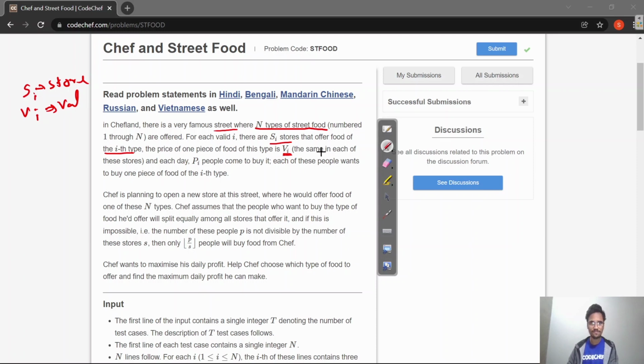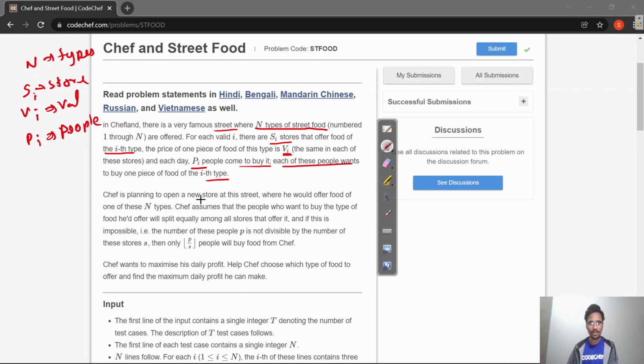Si means number of stores, Vi means value, n are types. And each day Pi people come to buy it. So Pi is people. Each of these people wants to buy one piece of food of the ith type.